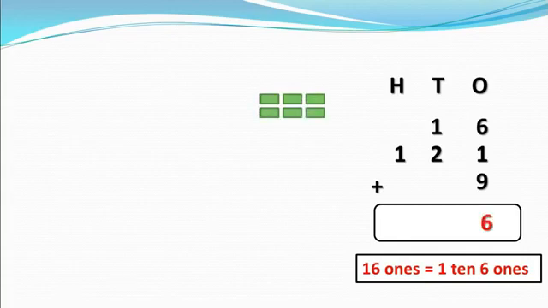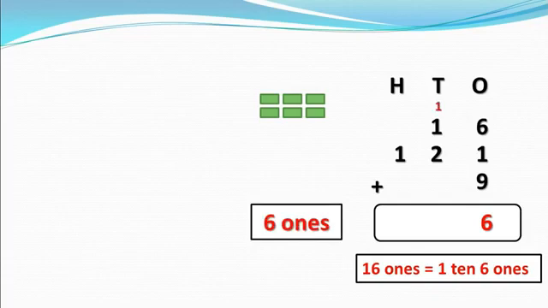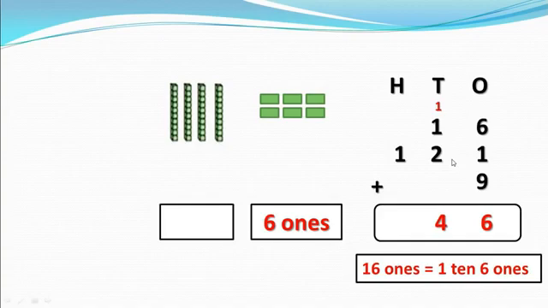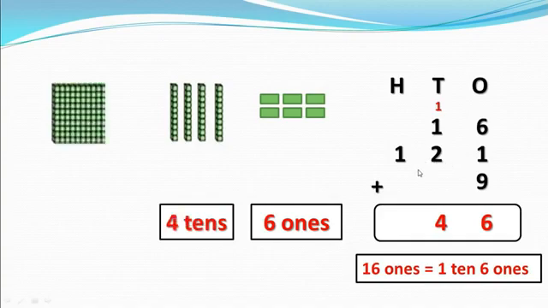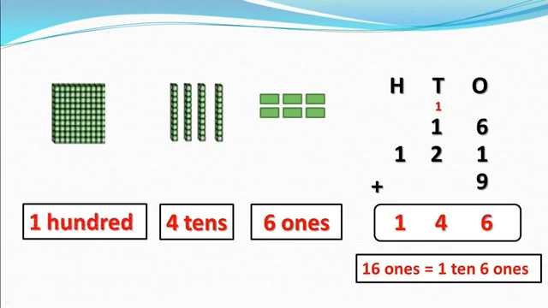Now we write 6 in the ones column and the 1 ten will be put into the tens column above 1. Now add tens. 1 plus 1 equals 2 and 2 plus 2 equals 4 tens. Now add hundreds. There is only 100, so here we write 100. So the answer is 146.